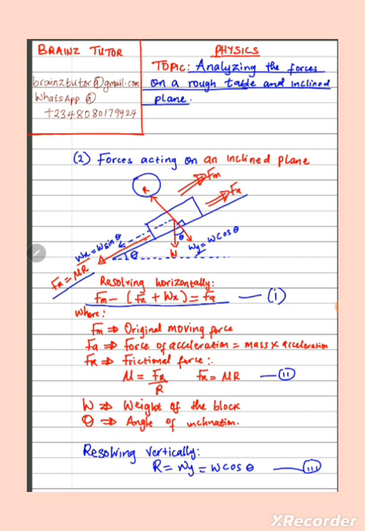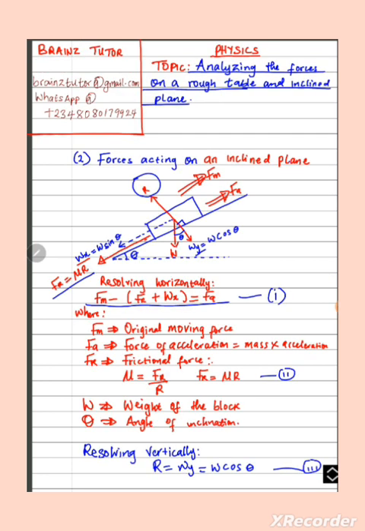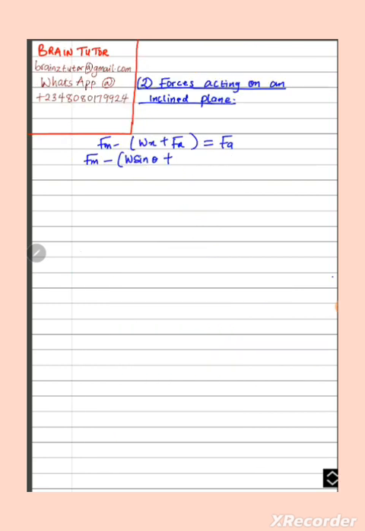You can see here Wx is W sine theta, so we have W sine theta plus Fr. Fr is the frictional force, and I think I've explained that frictional force equals mu R. So I write mu R. Fa is the force of acceleration, which is usually equal to the mass times the acceleration that is used to pull the block.